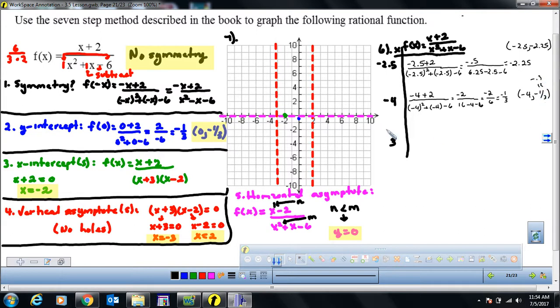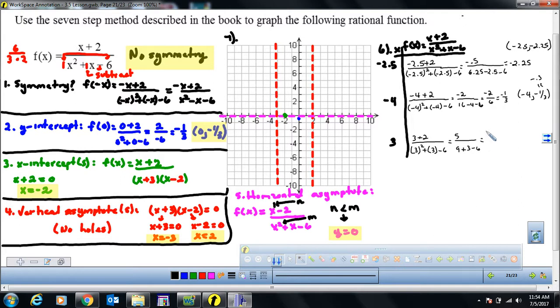Okay. So that's basically what it would be. This is estimated to negative 0.3. Right. Now the next one. x, which is 3, plus 2 over x, which is 3 squared, plus x, which is 3, minus 6. 3 plus 2 is 5 over 3 squared, which is 9, plus 3 minus 6.